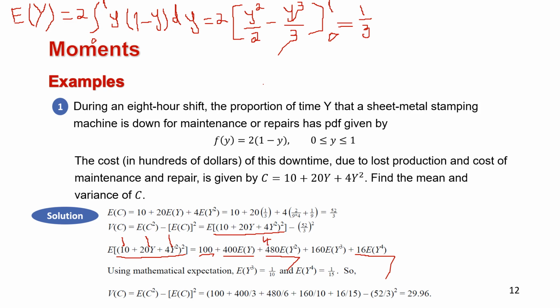That's why we got 480y square, because I have 400 plus 80.